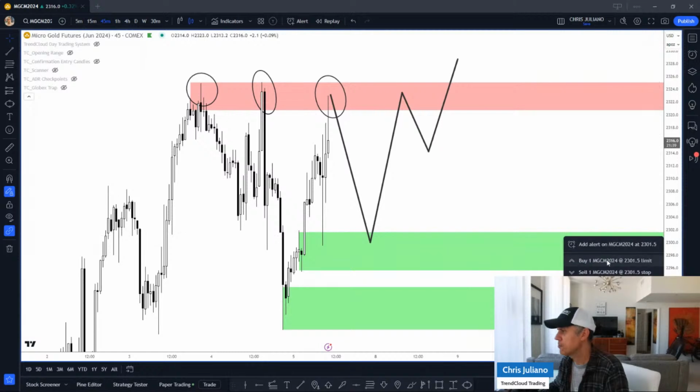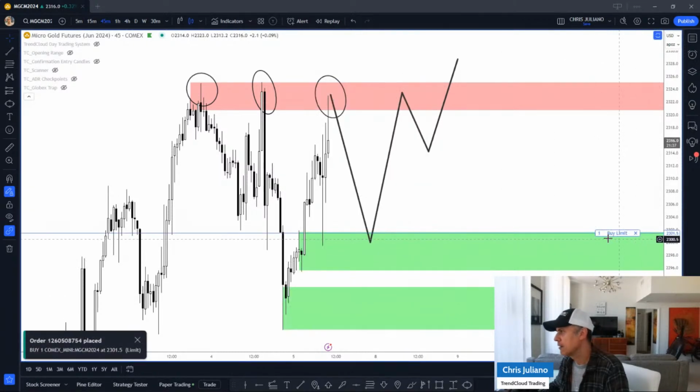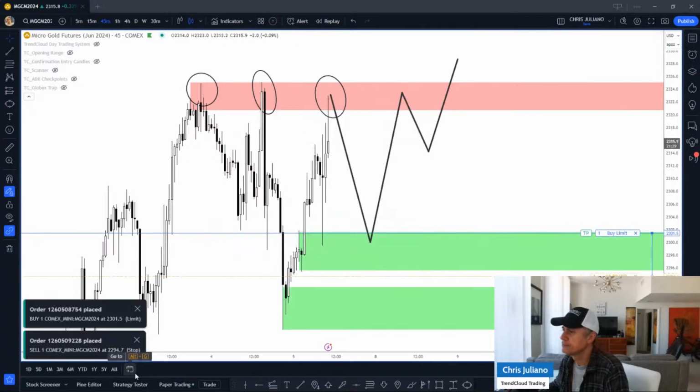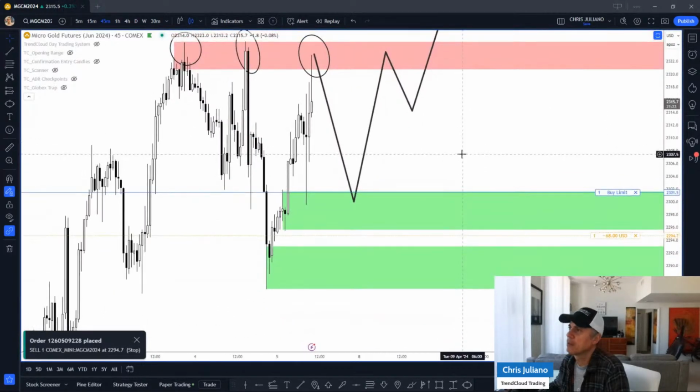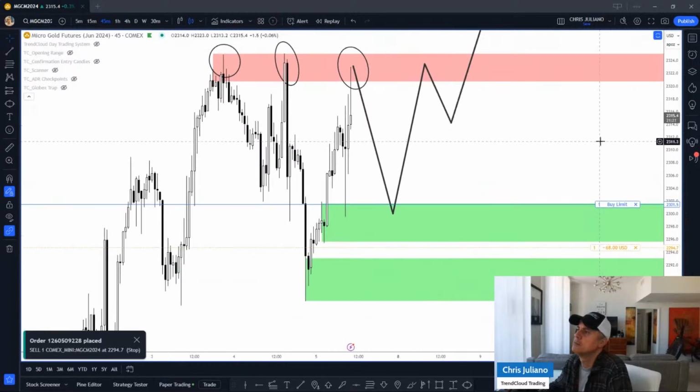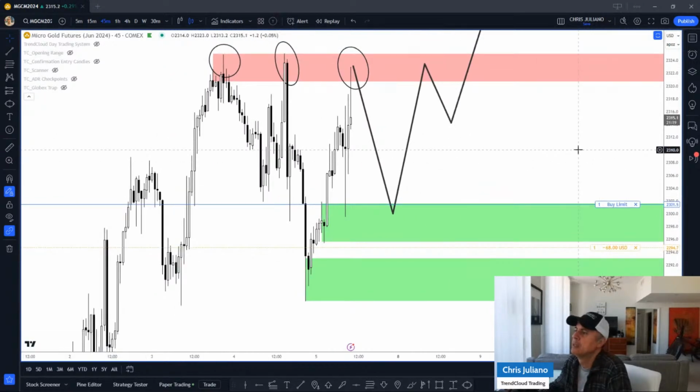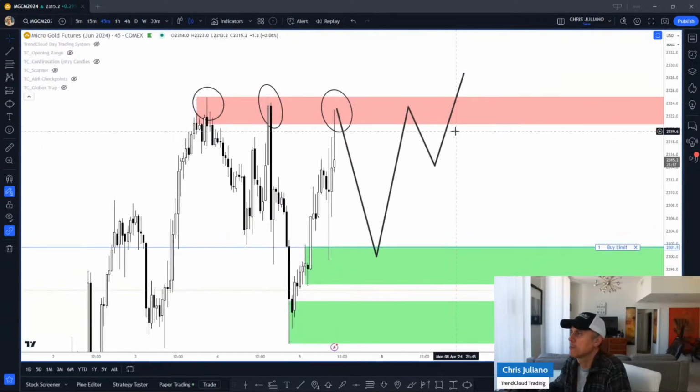So our first area of interest, right? Second area of interest down here. Could be a very slow process.